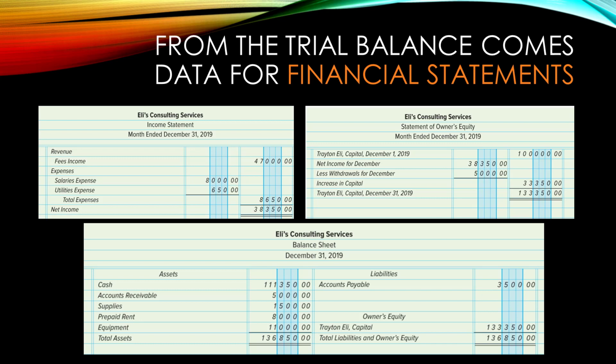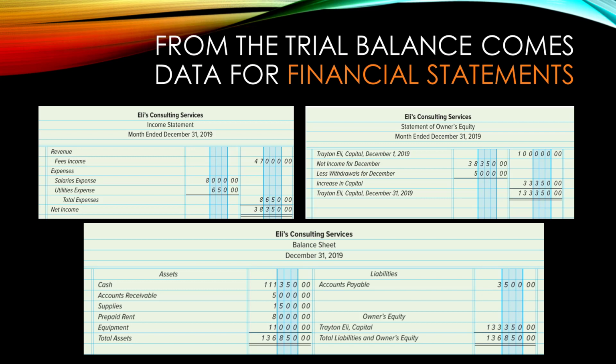The last step in the chapter is a review of the 3 financial statements. The source of the data for the financial statements is the previously prepared trial balance. Unlike the trial balance, there are no debits and credits on financial statements.